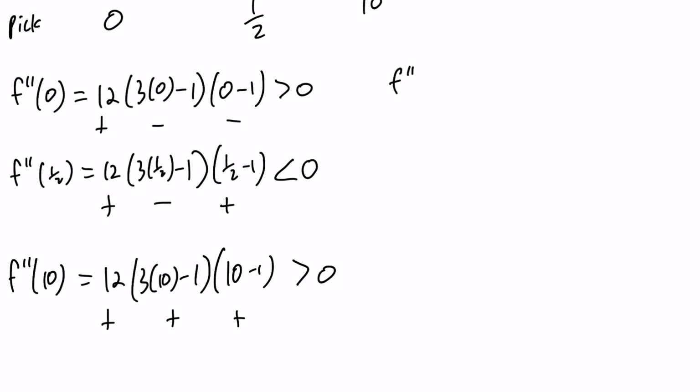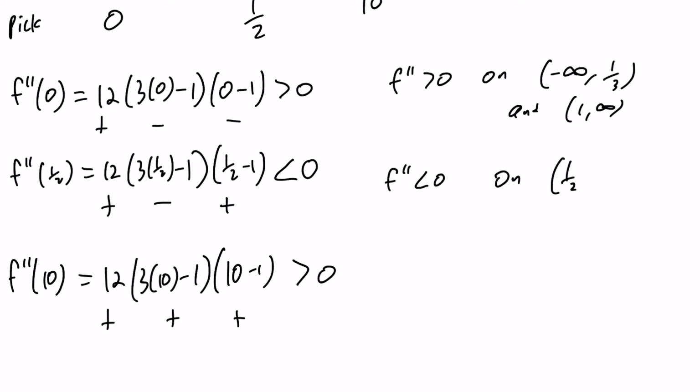So that tells us that f double prime is bigger than 0 on the interval from minus infinity to 1/3, and the interval from 1 to infinity. And then f double prime is negative on the interval from 1/3 to 1. And so that tells us that we have points of inflection at x equals 1/3 and x equals 1.